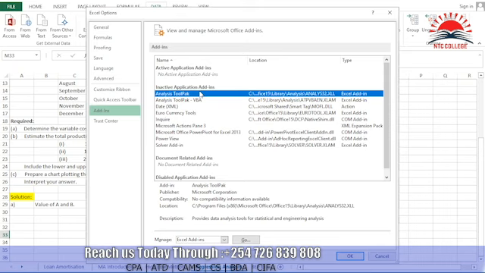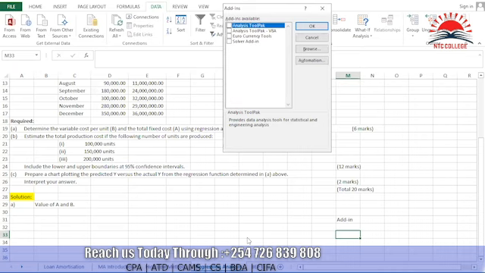Once you've highlighted it blue, down there are you seeing this part labeled go? Click on it. When you click on it, you've been taken to another small window, add-ins available.